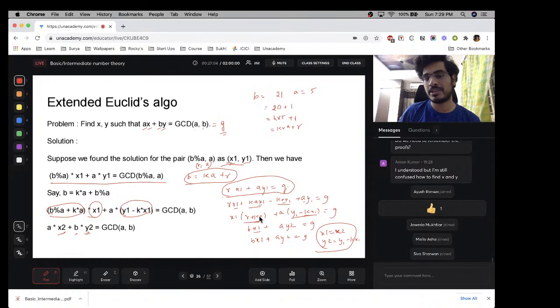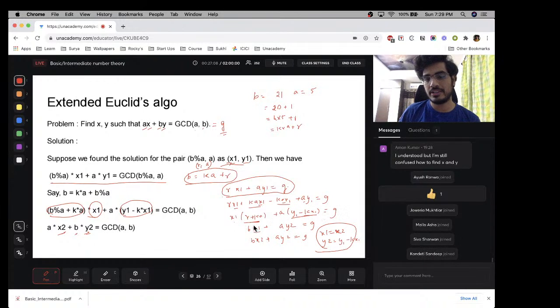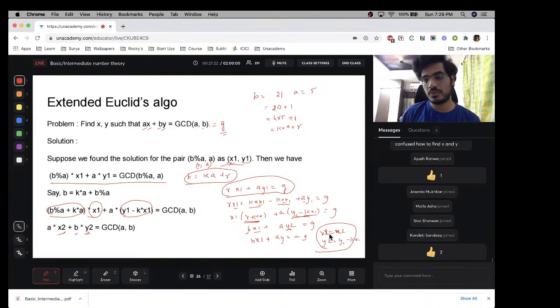So x1 into r plus ka, a into y minus kx1, equals G. This one equals b, bx1 plus a y2 equals G. So x2 will be equal to x1 and y2 will be equal to y1 minus kx1. So using x1 and y1, we find x2 and y2, which are the x and y for a and b.